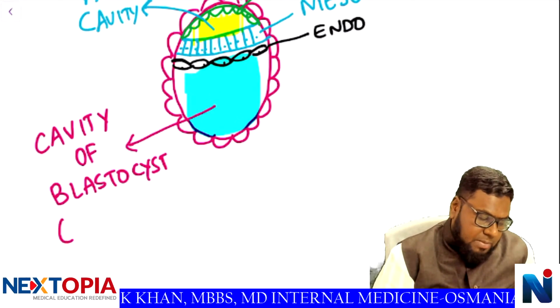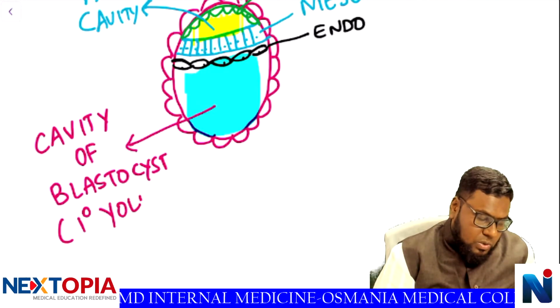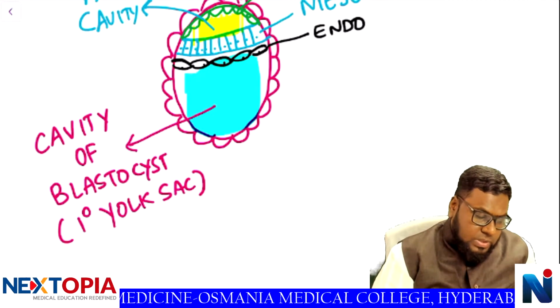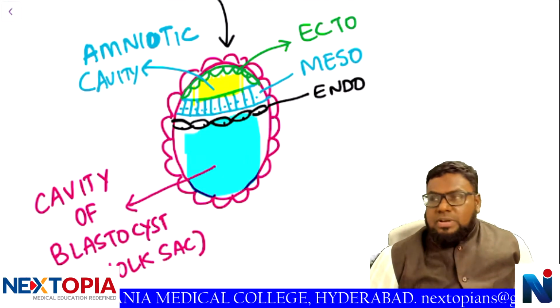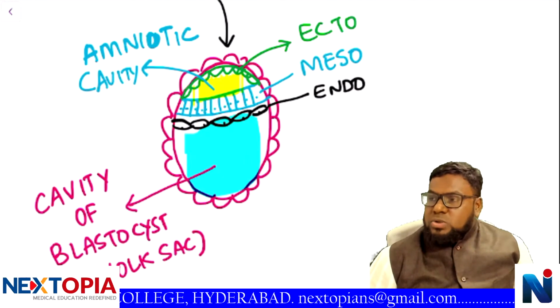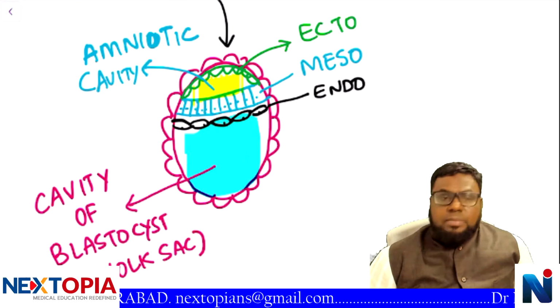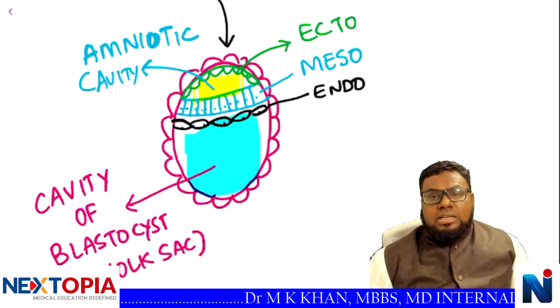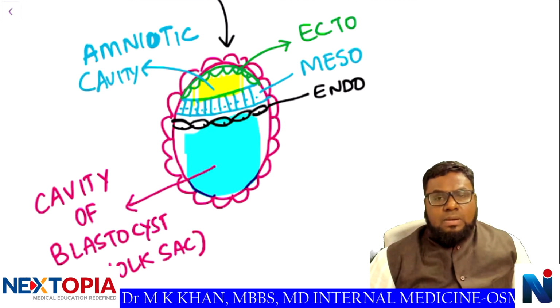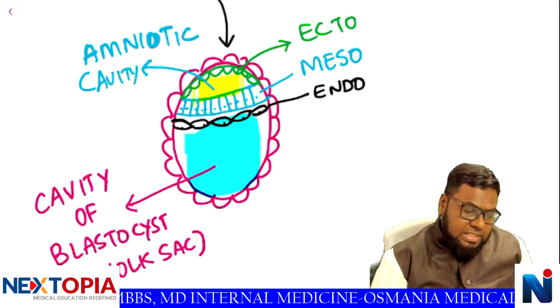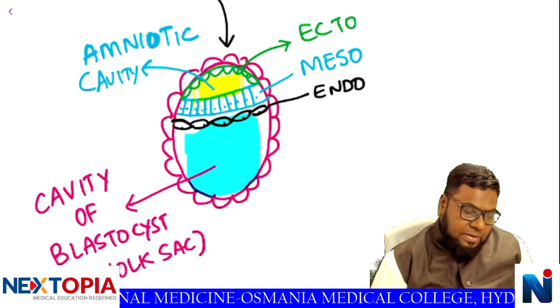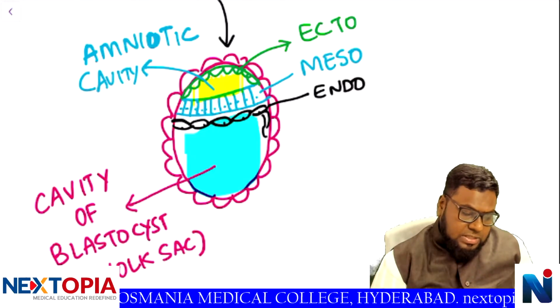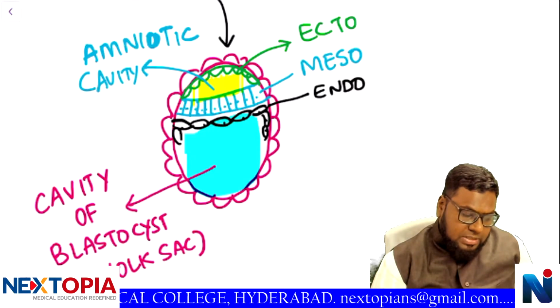So these are the cavities and these are the layers which we will be talking about: endoderm, mesoderm, ectoderm. The ectoderm and mesoderm are separated by the amniotic cavity. Now, if you can see this black colored endoderm layer of cells, they actually surround the trophoblast cells like this.